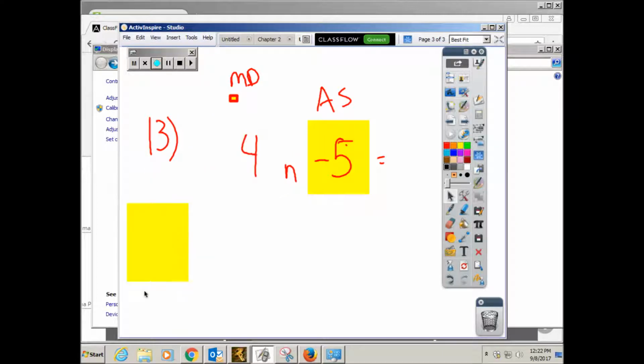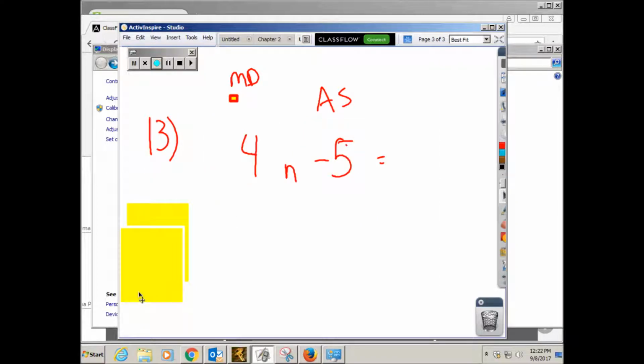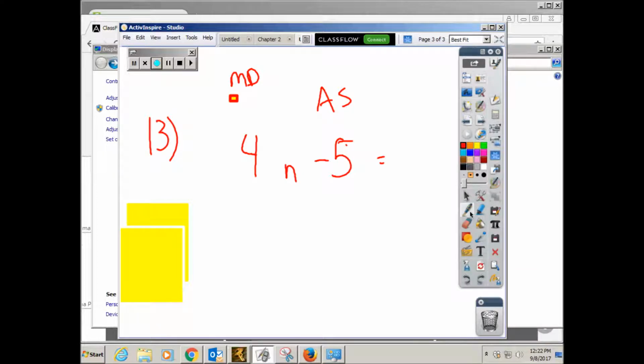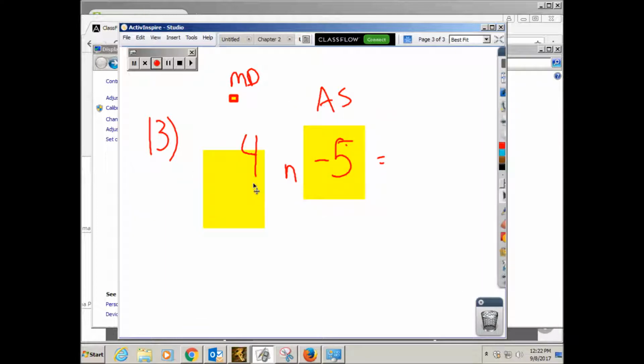The reason I call them magic boxes is I can pull the boxes away. What? I thought it was -4. Okay, it's 5 less than 4 times a number. So to help you with that, that's why I use these boxes. I'm going to pull them back. Yeah, ask, because this is one that lots of kids mess up on.